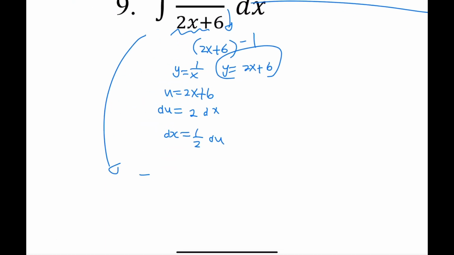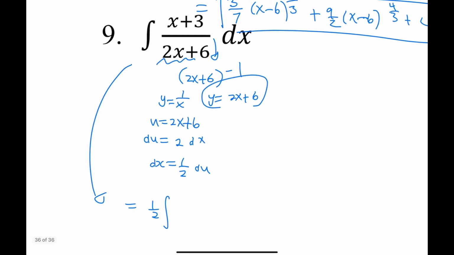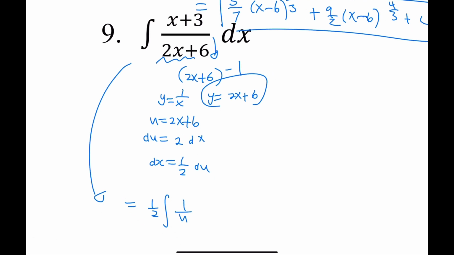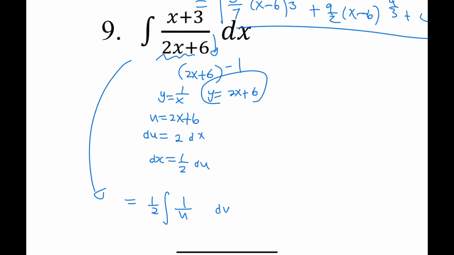And then this is equal to 1/2, and then one over u, right? That's in place of 1 over 2x plus 6. And then let's plug in du, right? And then what about x plus 3?